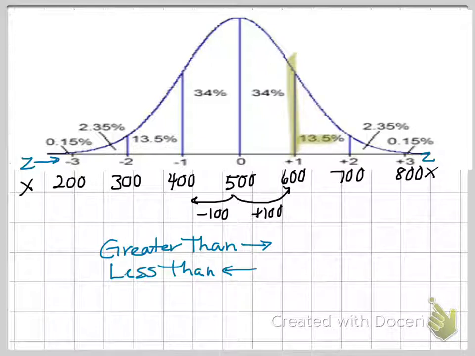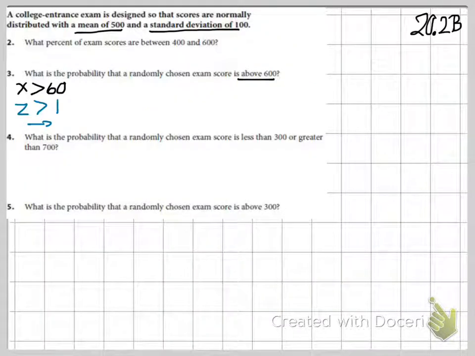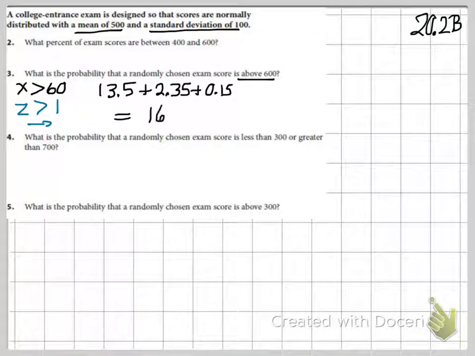I'm going to use these percents and add all of those up. 13.5 plus 2.35 plus 0.15. That all works out to 16%.